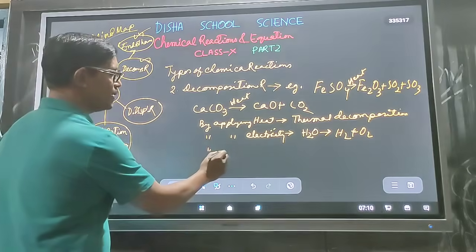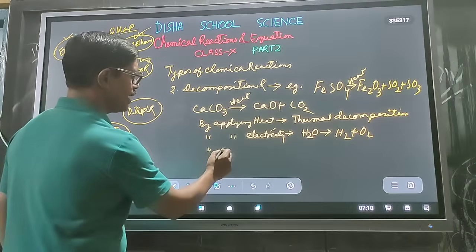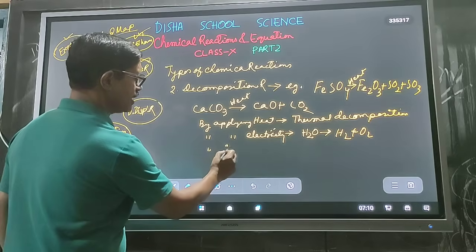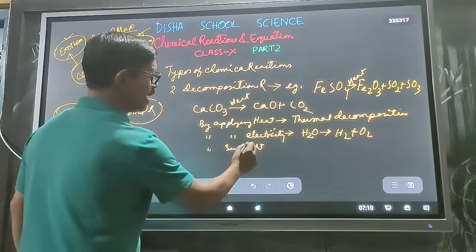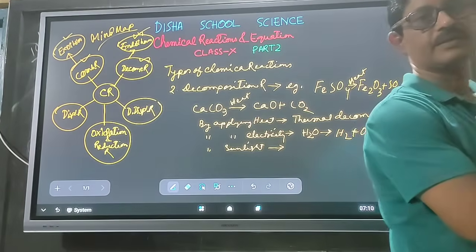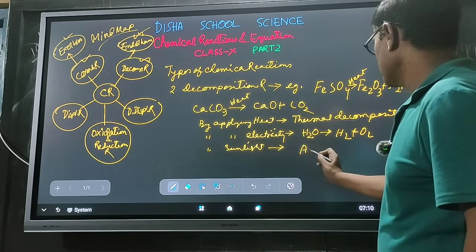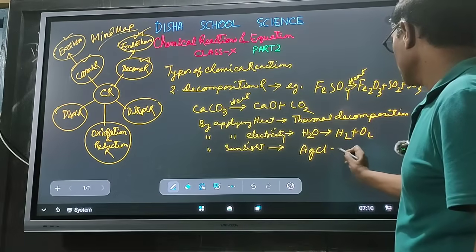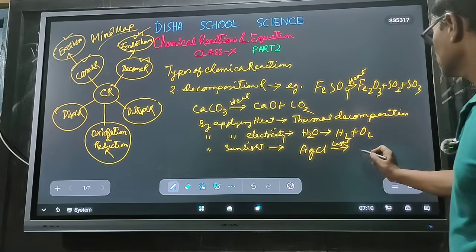Another one is by sunlight. With the help of light, this decomposition occurs. For example, silver chloride. In light, what will happen?